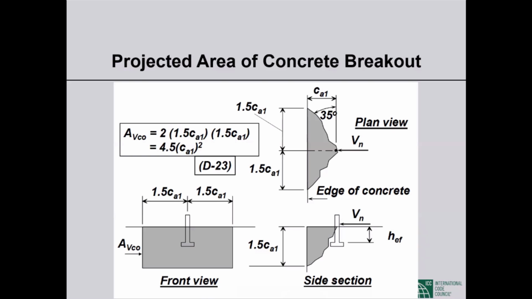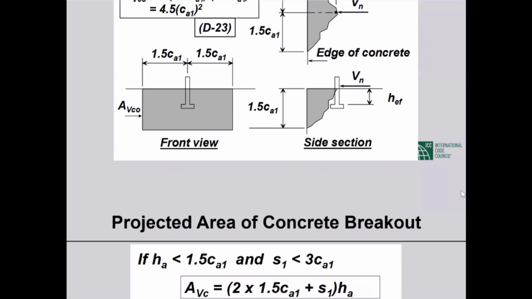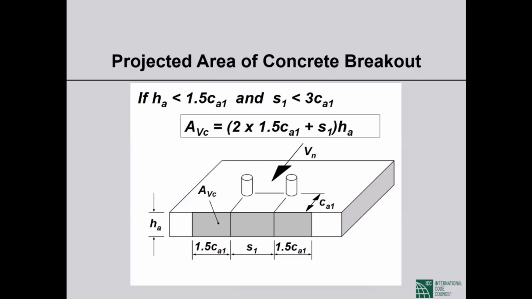Now comes some, well, it's not difficult anyway. Follow me closely, as I hope you have been doing all along. So if the depth of concrete is less than 1.5 times C sub A1, and the spacing between anchors is less than 3 times C sub A1, here we are looking at a group of 2 anchors, and shear applied perpendicular to the axis of the group of anchors.